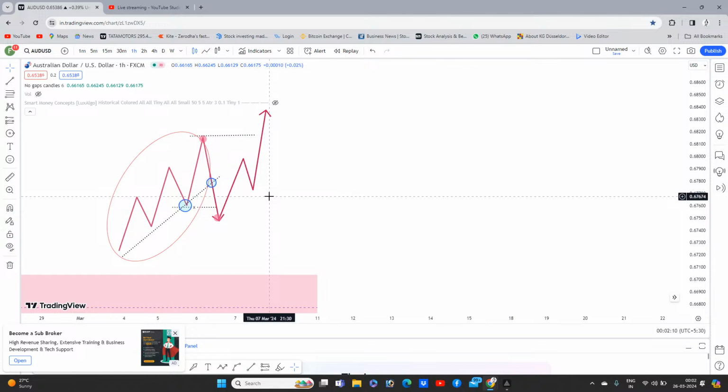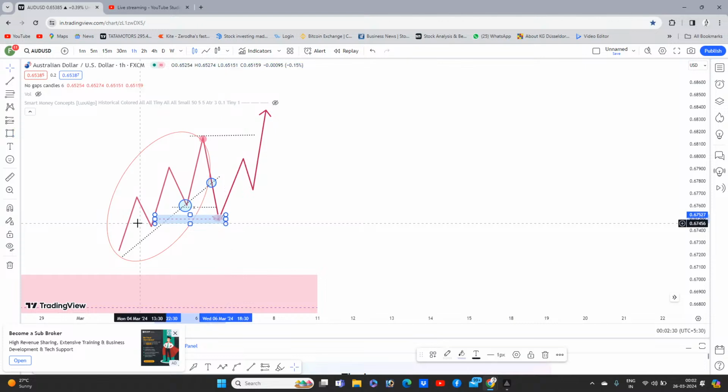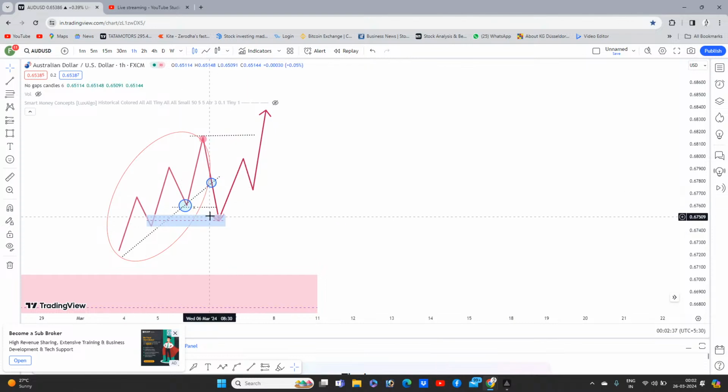They are being induced to take an opposite side trade, but the market is still in an uptrend. Now, why does the market react from this point? Because we can see an order block right here. Order block means a POI, a demand zone, right below our trend line, which the market taps and goes in our direction again.